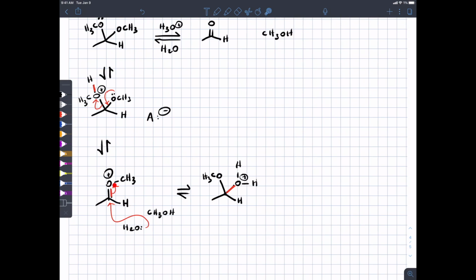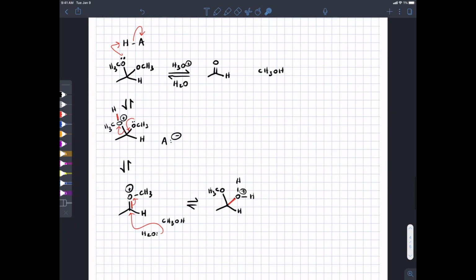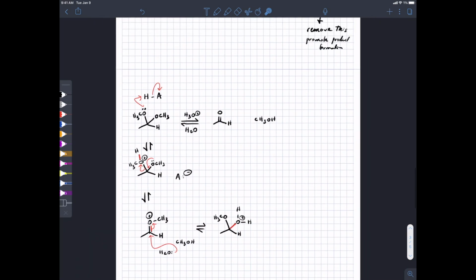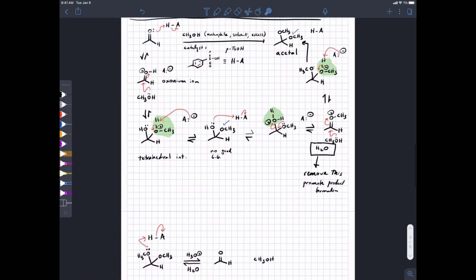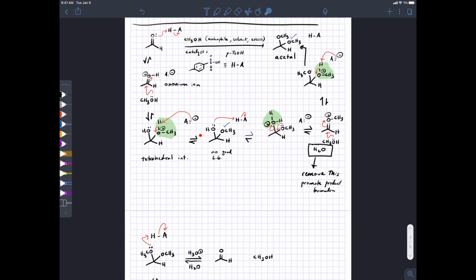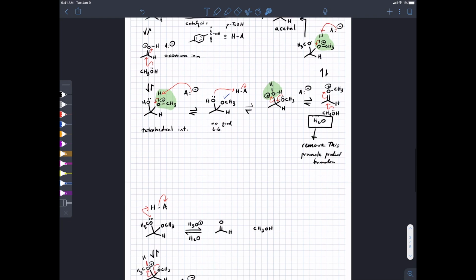And this arrow tells you that you break this carbon-oxygen pi bond and lone pair electrons end up on the oxygen. Okay, so we've gone part of the way there. What I want you to do in the meantime is I want you to take it all the way back to the aldehyde. Okay?